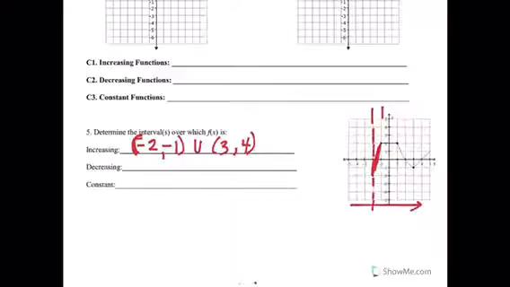Okay, let's look this time where the graph is decreasing. So you can see there's only one area here where it's decreasing, and that's from the values x is 1 all the way over to the value x is 3.